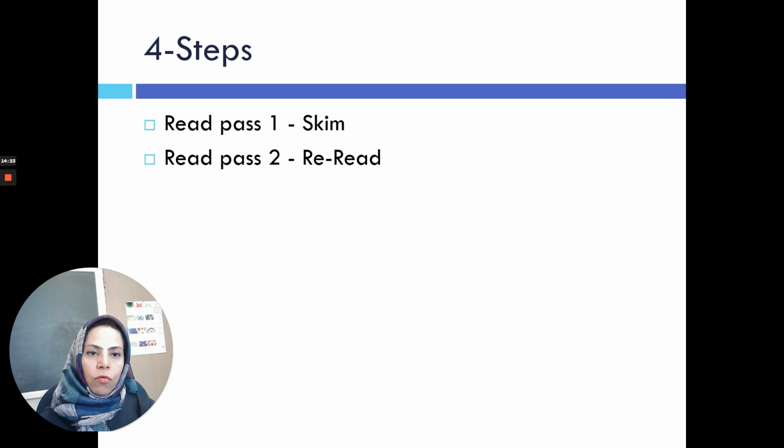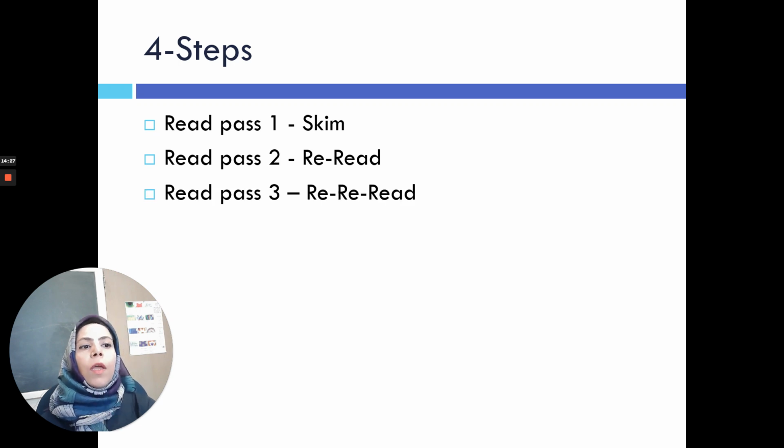You have a read pass two, that is you read the second time, that means you reread, and then you read the third time, and this is the minimum that you should have, and then finally you summarize it.